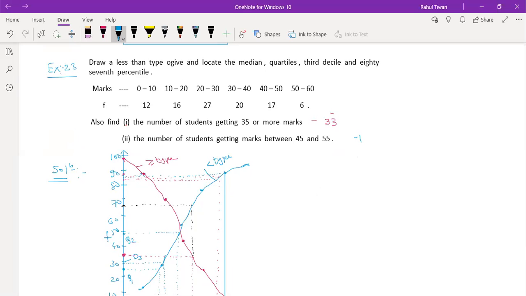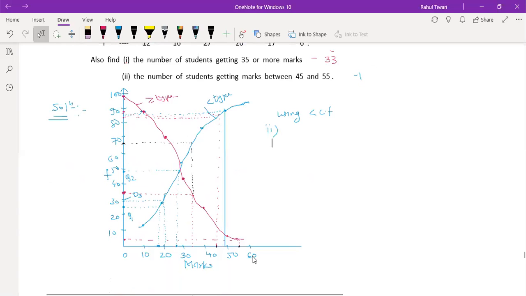So I'm taking the less than type first. Using the less than type CF, how do we get the answer? Tell me the values: how many students get marks between 45 and 55? That means I'm interested in the number of students less than 45.